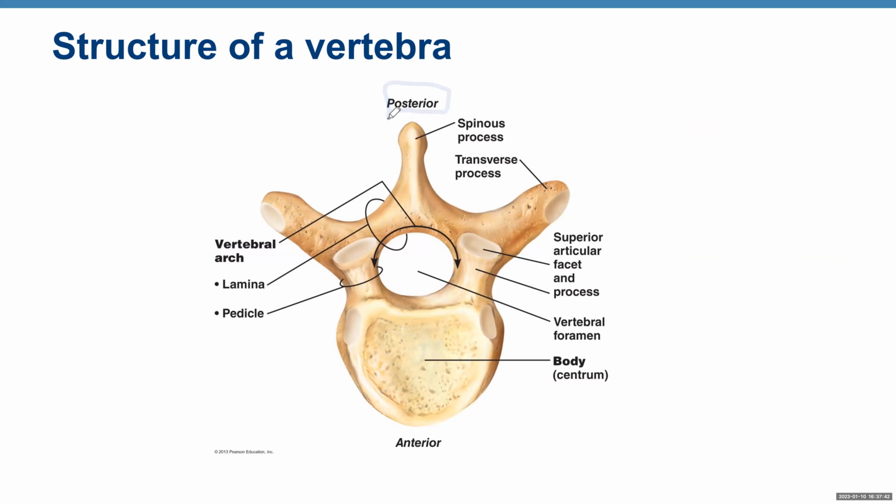When you palpate your vertebral column, you're palpating the spinous processes. We have transverse processes, and superior and inferior processes, which cannot be seen over here. This part is called the lamina, and this part is called the pedicle.